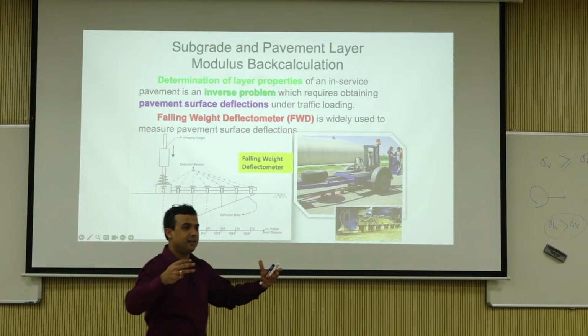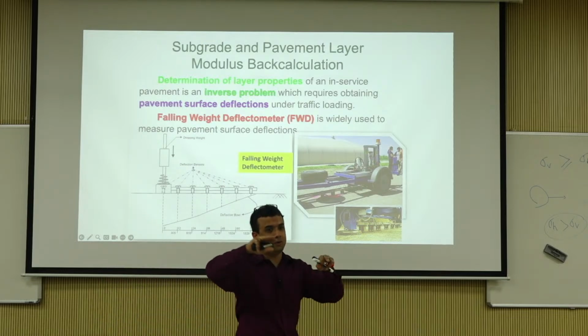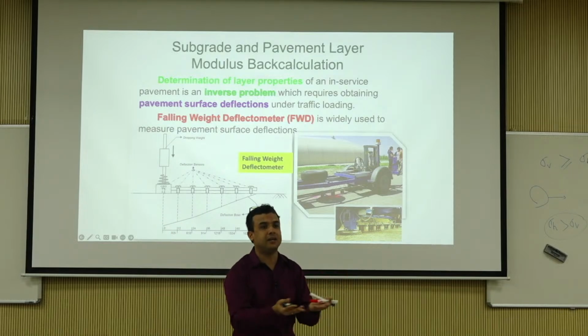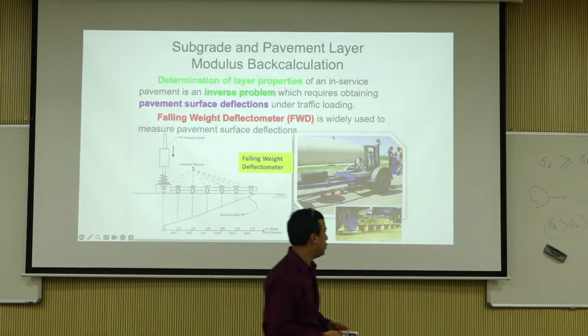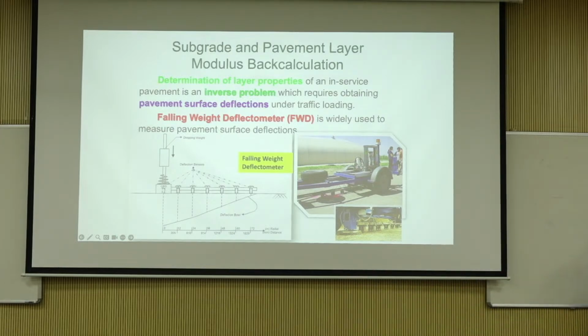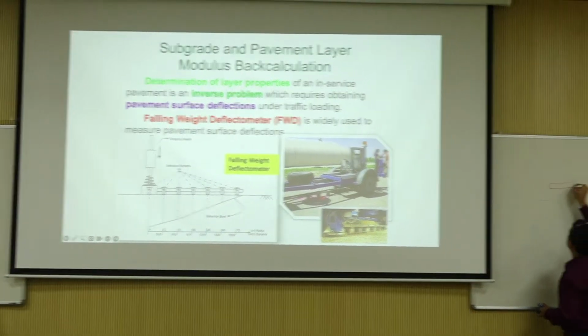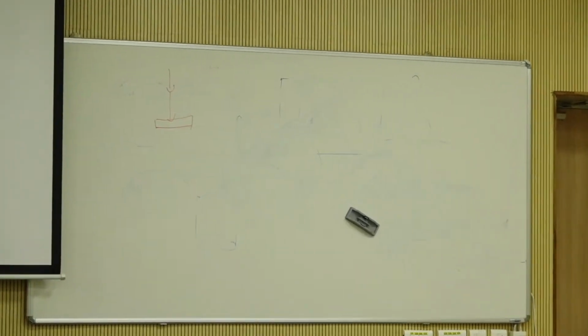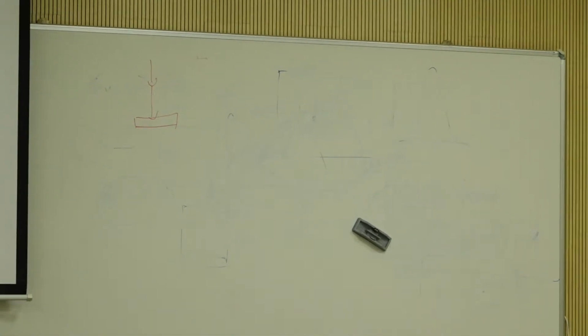A very good road is going to distribute the deflections evenly, and it's going to have what is known as a wider deflection basin. So we won't talk about that. So the falling weight deflectometer is a pulsed load application. It's an impulse loading which is applied by dropping a load, and then it applies some kind of a pulse, and then you measure.